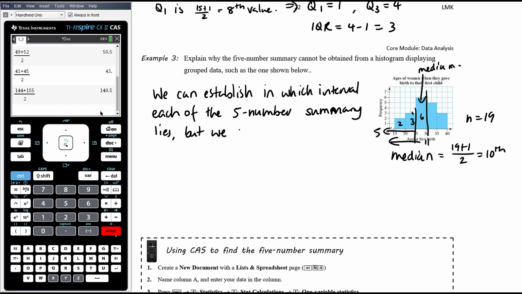But we cannot pinpoint a particular value.